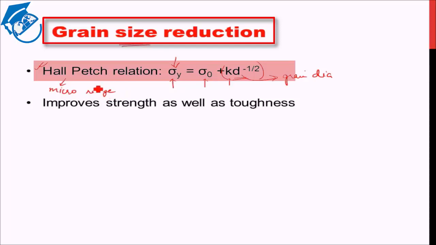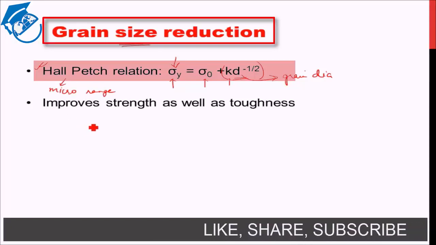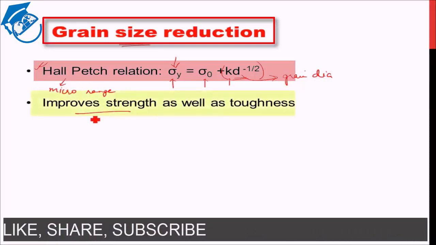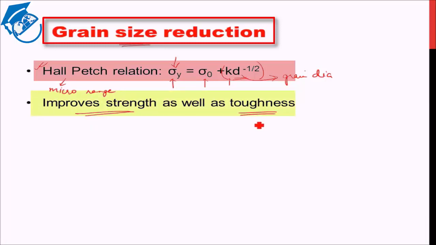Okay. One interesting feature of the grain size reduction method to increase the strength is that this is one of the only methods which increases both the strength as well as the toughness of the material. That is, it increases the strength as well as the ductility of the material.